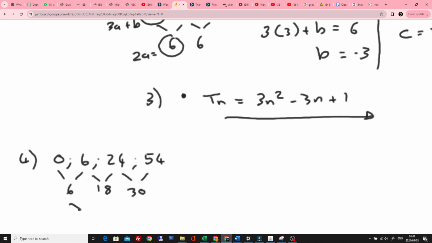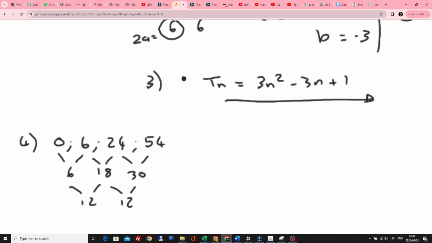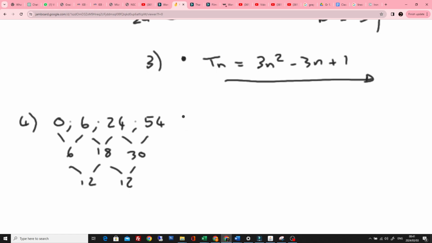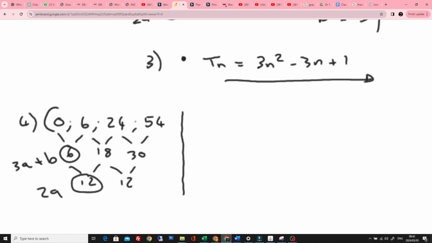We can look at our second differences. Okay, cool. This helps us. Now we can quickly go and look at this and say, okay, this is 2a, this is 3a plus b, and this is a plus b plus c. So now we can say 2a is equal to 12, a is equal to 6.